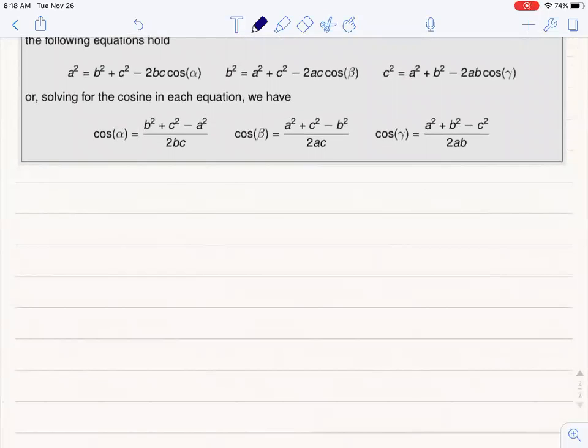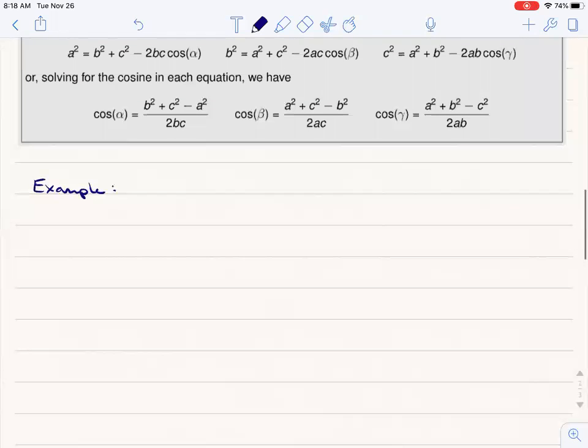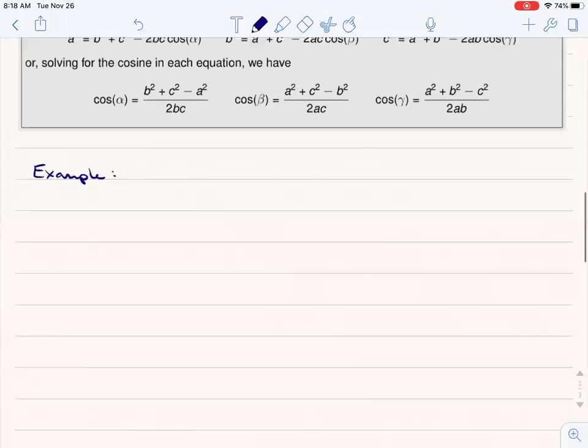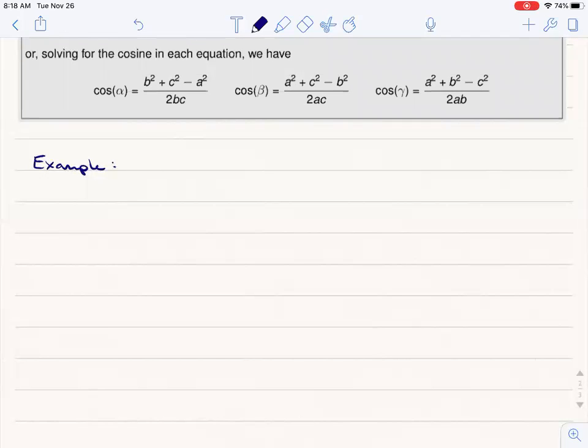Let's do an example. We have to solve the following triangles.